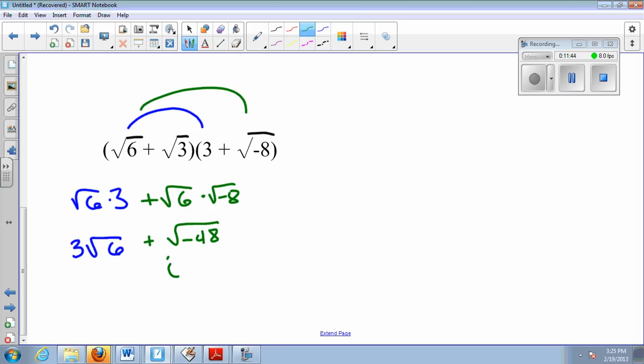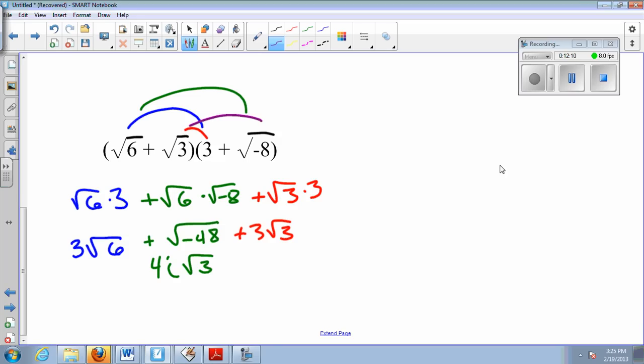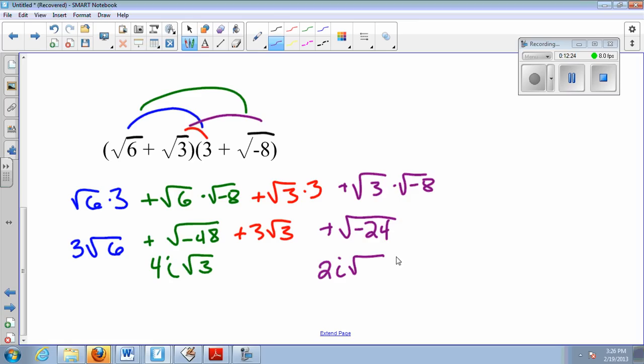So we bring out the i. 48 goes into 16 and 3, so it goes to 4i root 3. Plus root 3 times 3, so plus 3 root 3. And L for last. Root 3 times root negative 8. Combine to get root negative 24, which becomes 2i root 6.